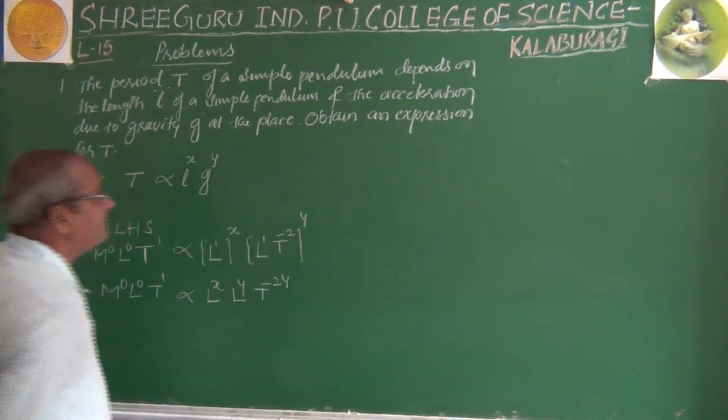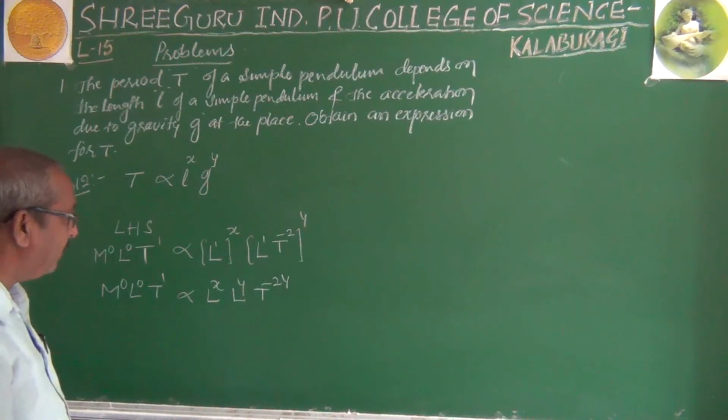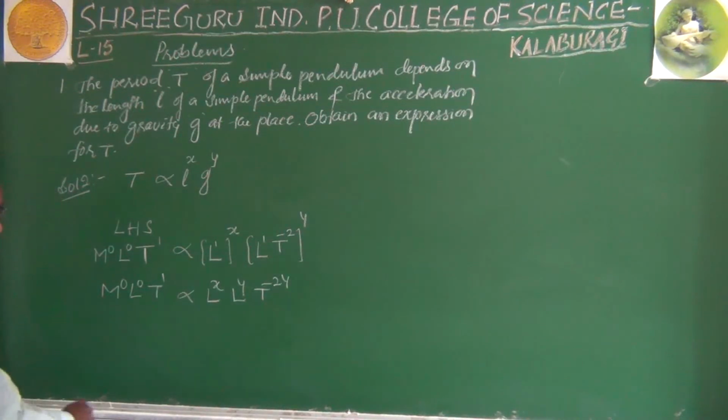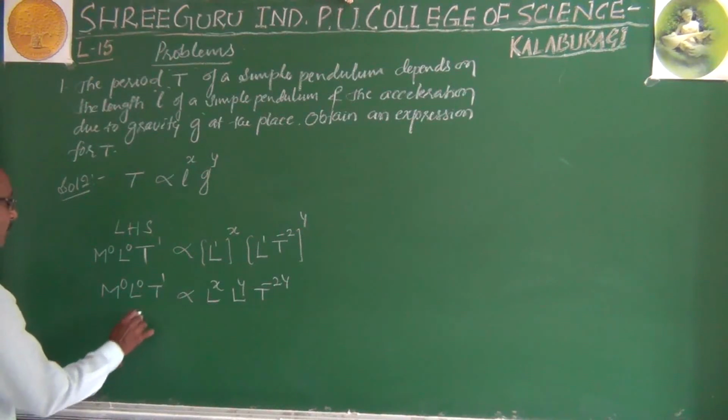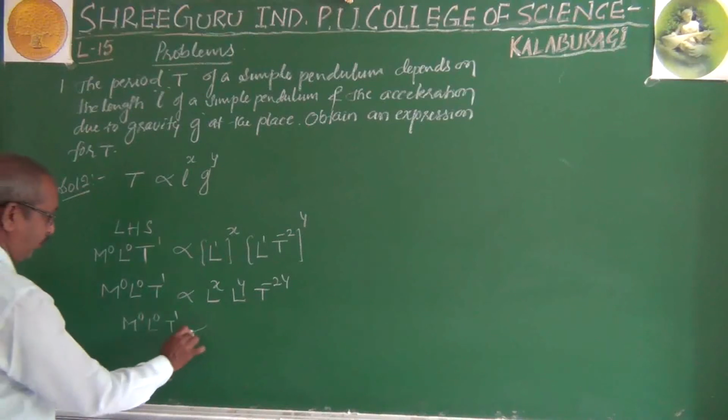This you know from the theory of indices, you must learn these things. Now here we have to compare the powers of the dimensional formulas for the fundamental quantities. So one more step, better to see here: M raised to 0, L raised to 0, T raised to 1 proportional to.